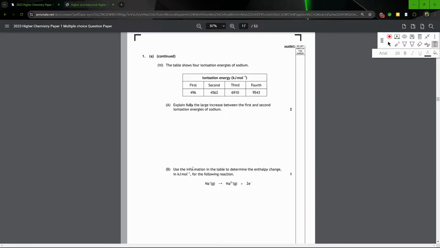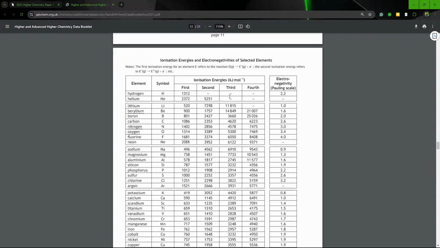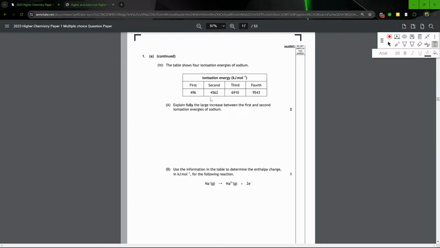The table shows 4 ionization energies of sodium. Explain fully the large increase between the first and second ionization energies of sodium. So yeah, you can see they've just been taking numbers from this table here. And why is it times by 4?